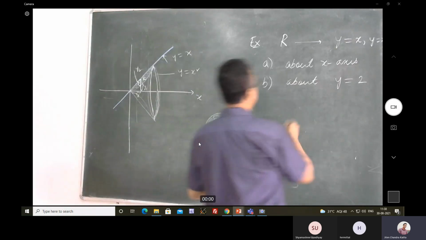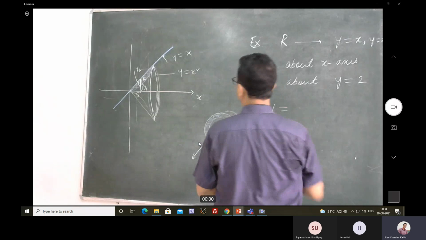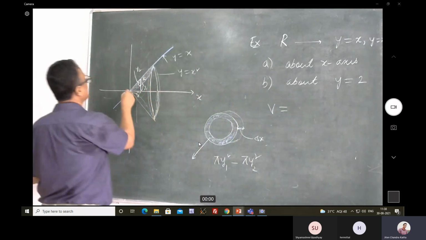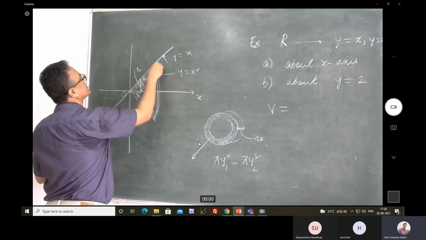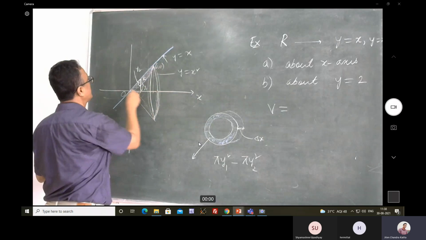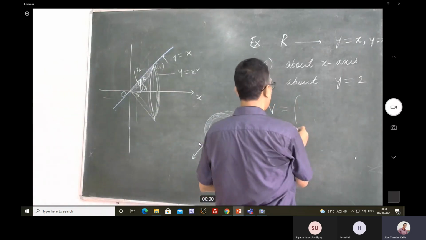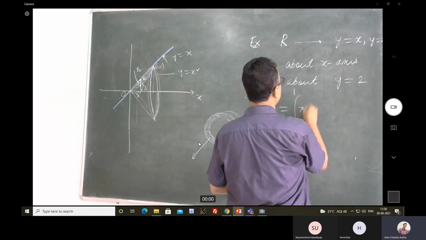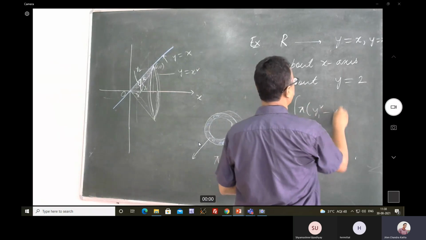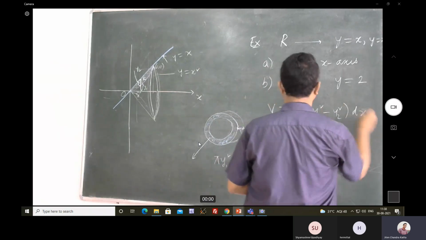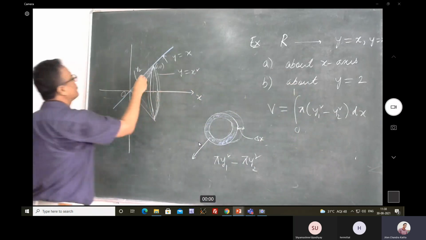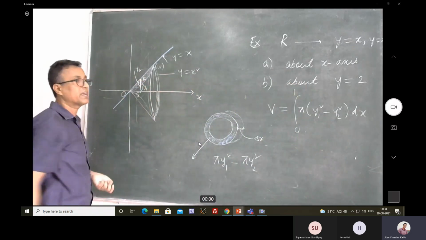So therefore, the volume is going to be the integral from 0 to 1, because x is going to go from 0 to 1, of pi times y1 squared minus y2 squared dx. And what is the height y1? It is simply x.